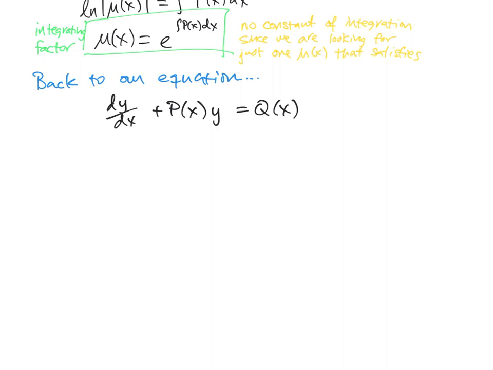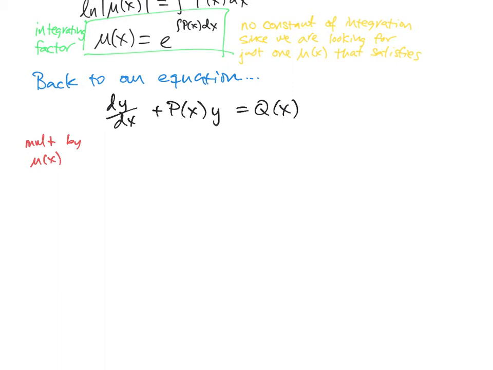So let's go back to the equation that we wanted to solve in the first place, and we have it in our standard form. What we're going to do next is multiply by mu of x. You know from your very first algebra classes that you can multiply through an equation by something and it's not going to change the solutions, possibly in some very trivial cases, but we're not going to worry about that.